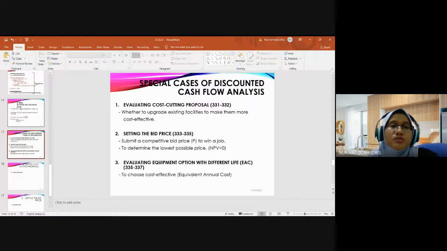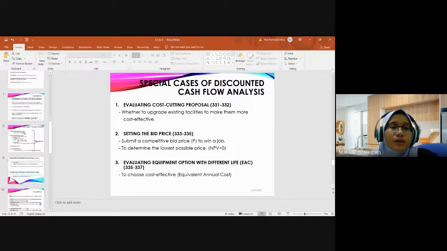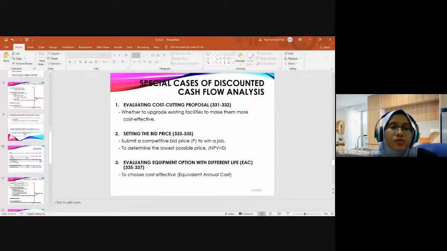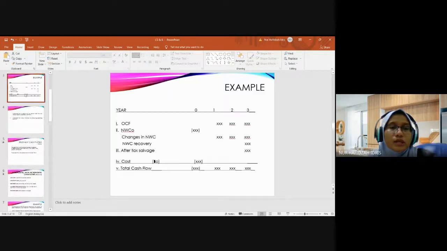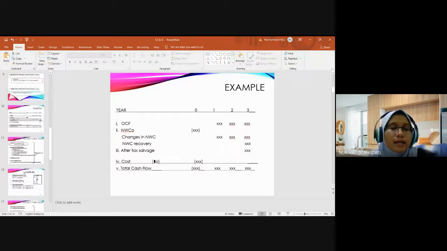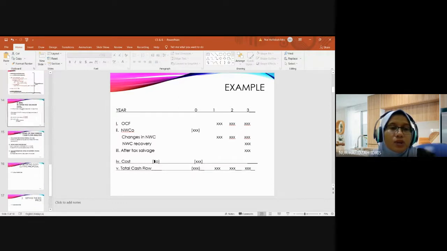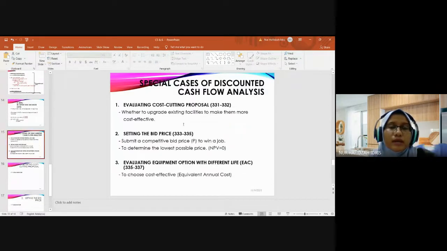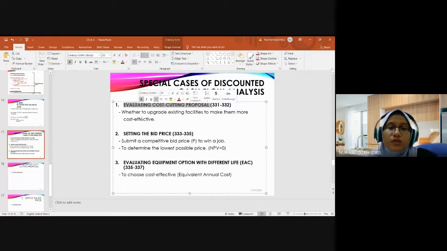Alright, so actually bila kita dah cari dah benda-benda tu semua, OCF ni kita dah cari total cash flow dalam soalan. Okay, the question will ask you to find evaluating cost cutting proposal. For the evaluating cost cutting proposal, this is whether to upgrade existing facility to make them more cost effective.